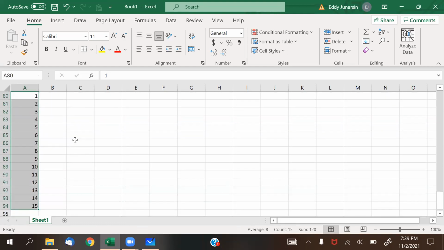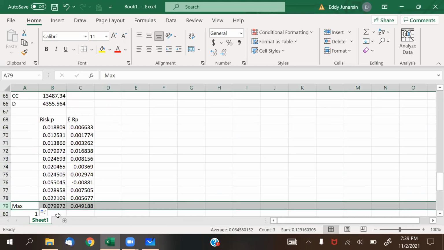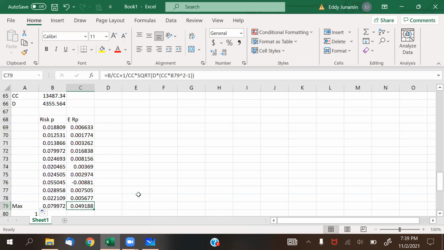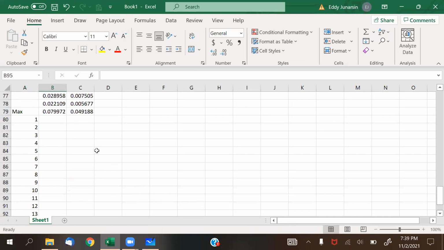So you see here the maximum risk and maximum expected return. Now we can do the minimum, right? The minimum risk and minimum expected return as well.